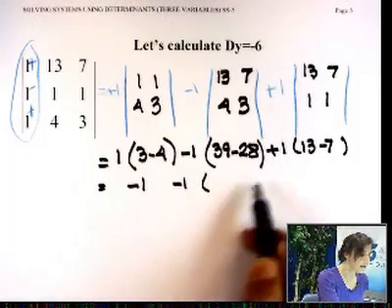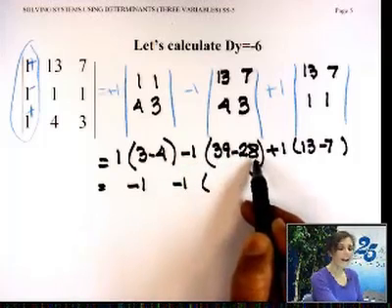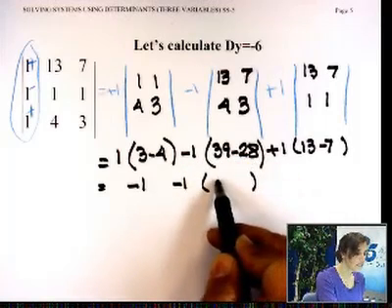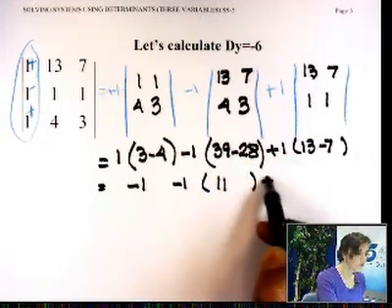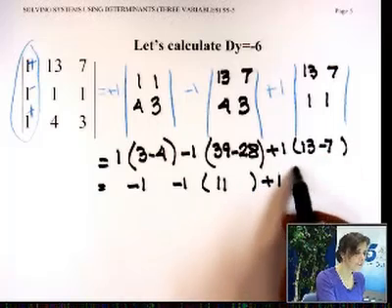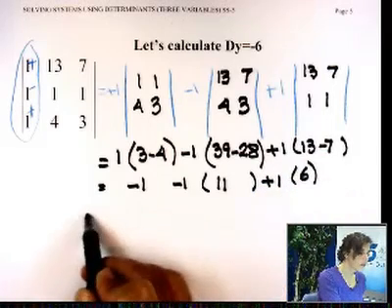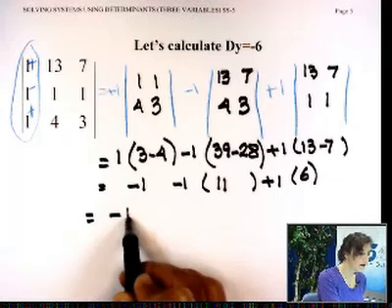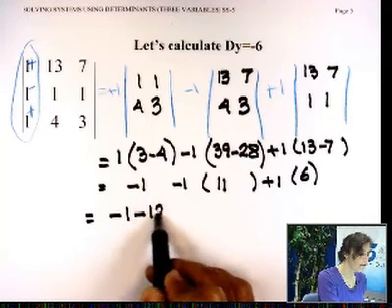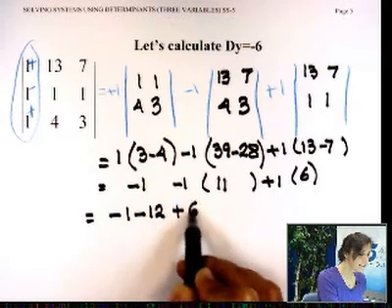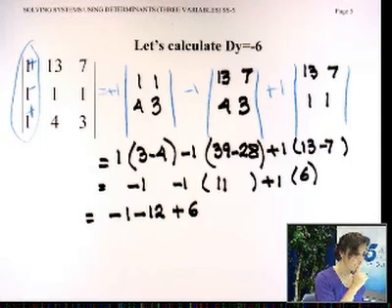Negative 1, so 39 minus 28, that is 11. And this one is 1, 13 minus 7, that's 6. So that's negative 1, negative 12, plus 6. Okay, so I got negative 7.